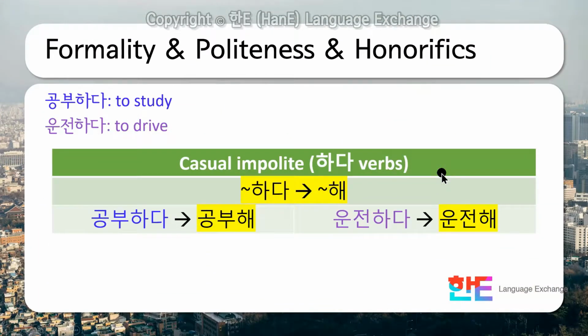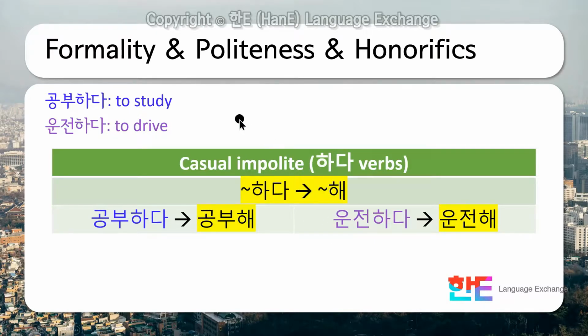So to start with the actual conjugation patterns themselves, we're going to start with casual and polite. So basically, we're going to start with hada verbs, that is verbs that end with hada, these two syllables. We're basically going to take them off entirely, so hada will be removed. And we're going to replace it with he.